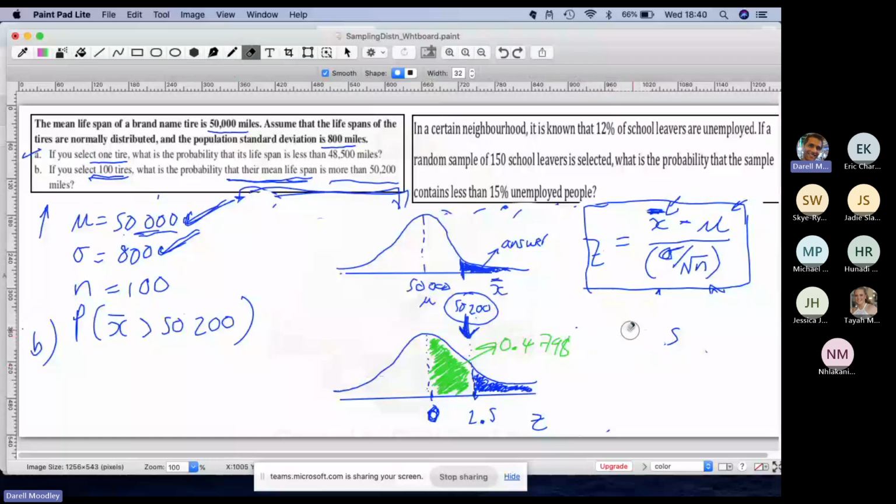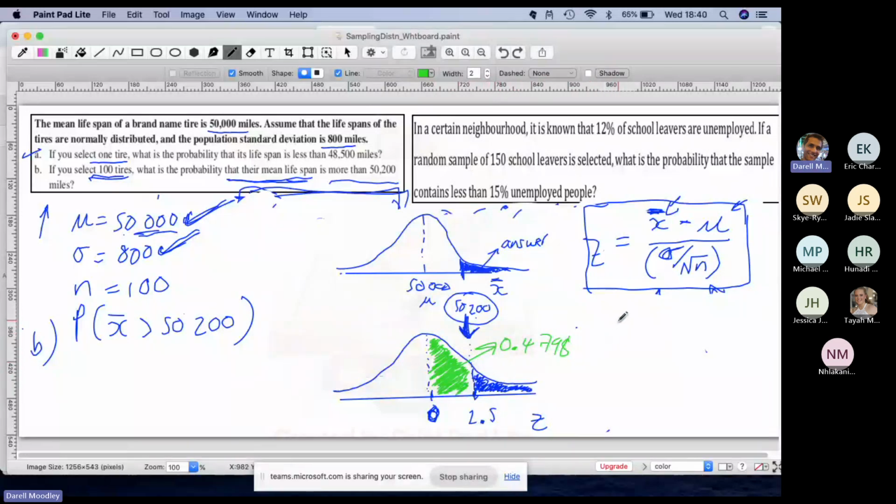Now we're not interested in the green area. We want the blue area. But we need that green area to get the blue. And how we find that is, remember from last week, half the area of the graph is 0.5. So that means you have 50% on the left and 50% on the right. If the entire area on the right is 50%, and the green makes up 0.4798, then how much is the blue area?